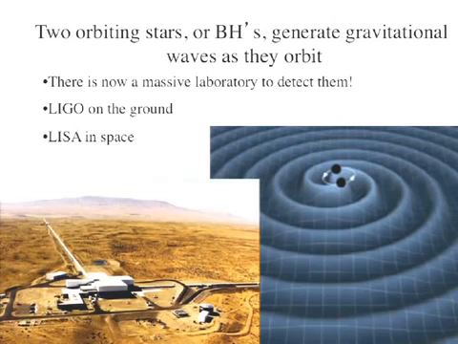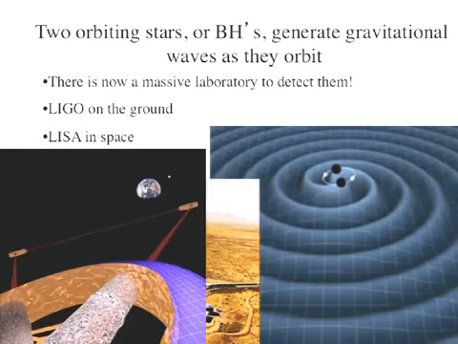They've got one in Washington and the other in Louisiana, in the swamps. And there are some others in Europe. That's an example. This is called LIGO.